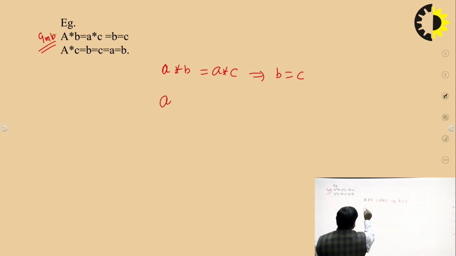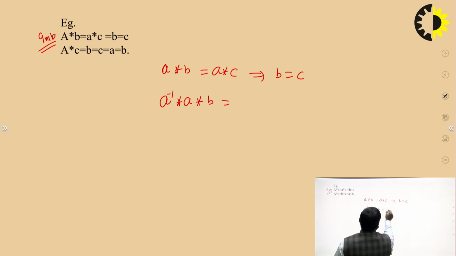It means A inverse A into B is equal to A inverse A into C.